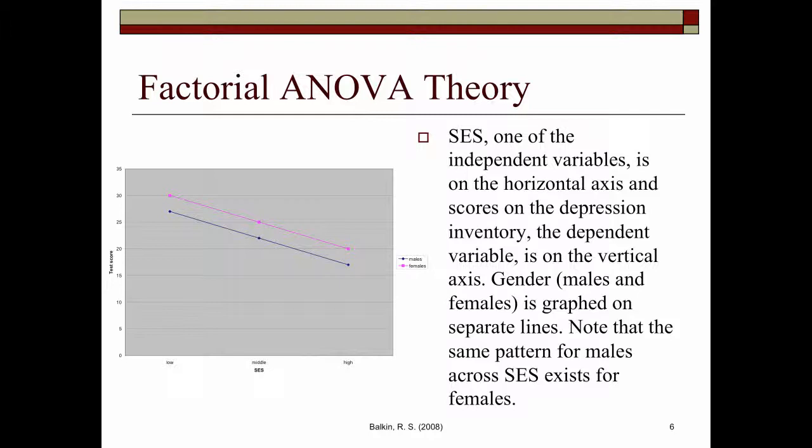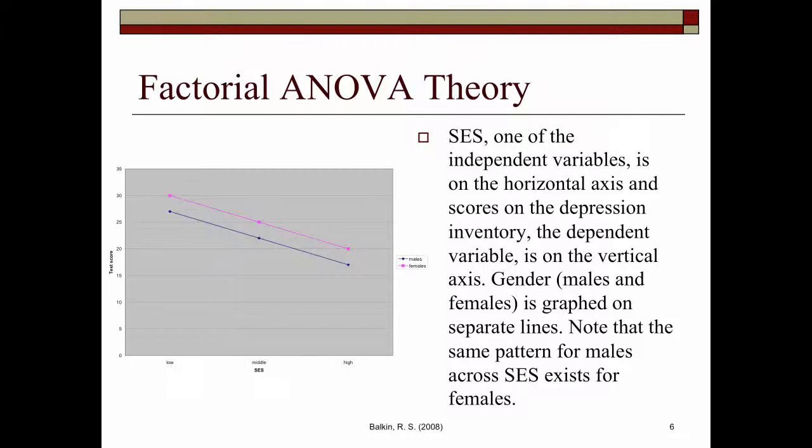Here we see an example of a non-significant interaction. Notice that the socioeconomic status categories are on the horizontal axis. The male and female groups, the other independent variable, are separate lines in the graph, and the scores on the depression inventory are on the y-axis, or the vertical axis.